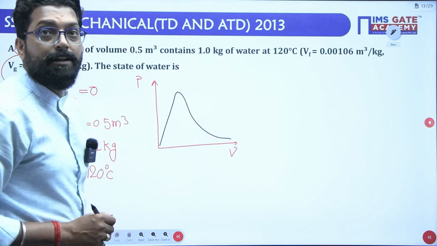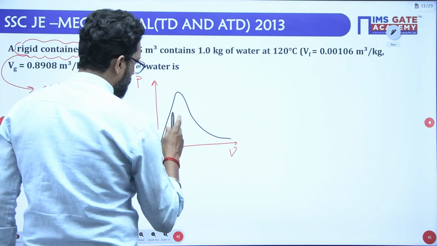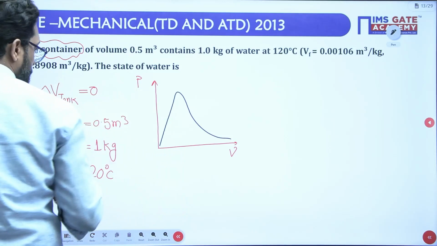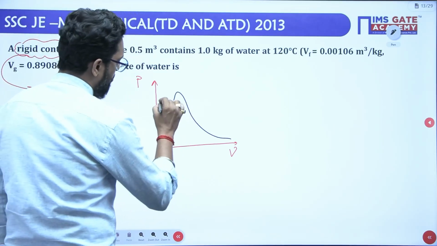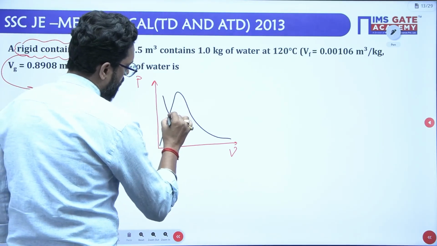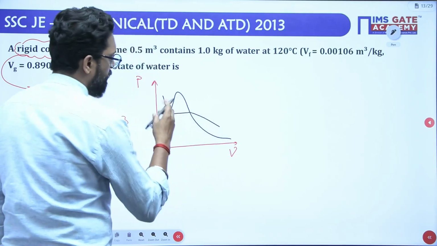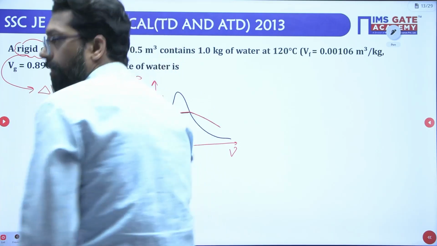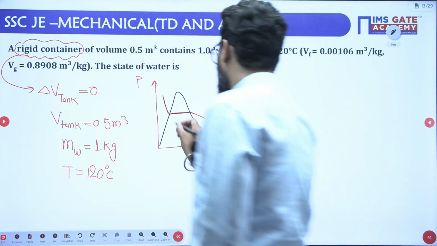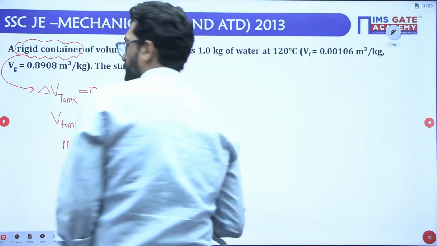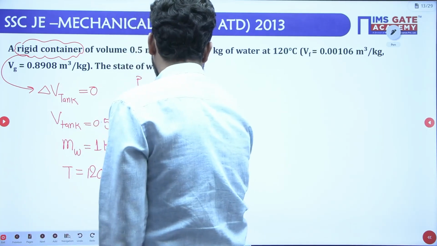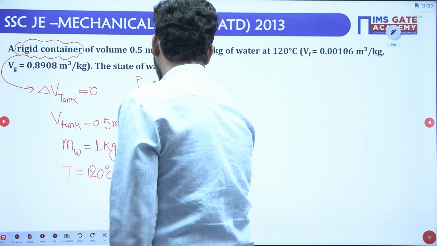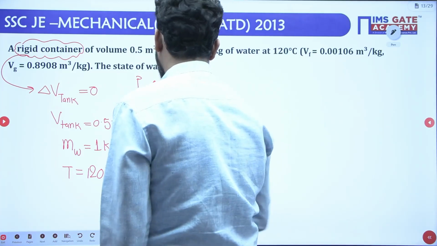Let's suppose this is a constant temperature line. This is your constant temperature line. Now, at this point, this is saturated liquid. This is your saturated vapor. So this is your Vg. This is your Vf, saturated liquid, and Vg, saturated vapor.